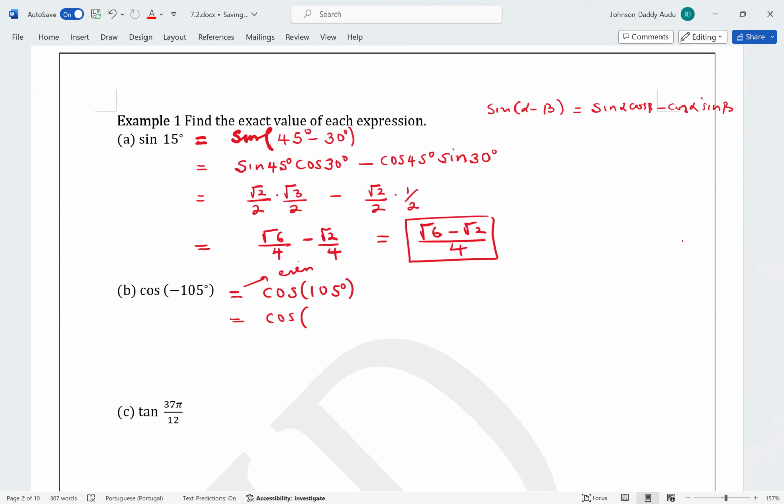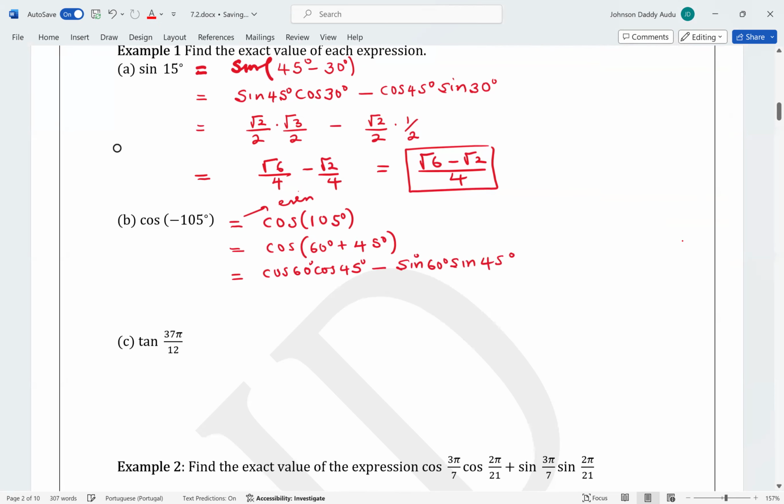We can split 105 as 60 plus 45. Now this is cosine 60 cosine 45, and since it is cosine of a sum, it becomes minus sine 60 degrees sine 45 degrees.